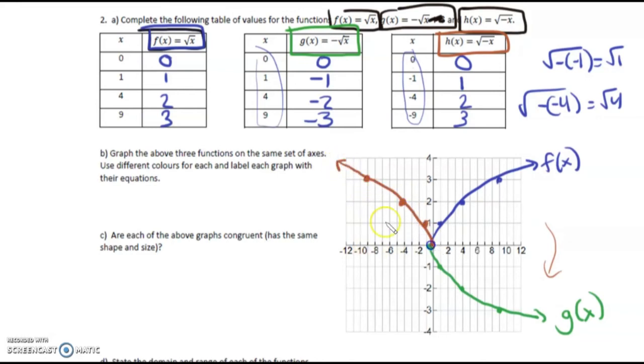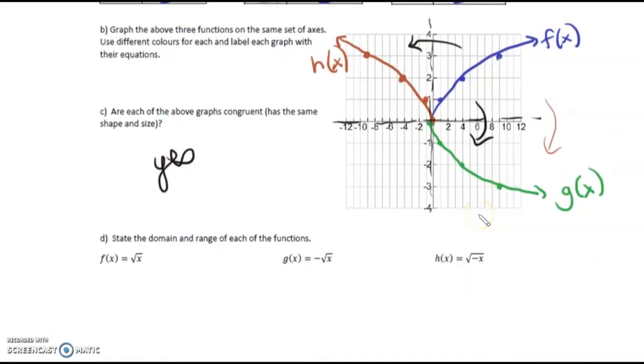Now red. I'm going to go h at x. That's clearly, if we reflected the root function in the y-axis, it would go over there. If we reflected it in the x-axis, it would go down here. So yes, these are all the same size and shape because they haven't been stretched.